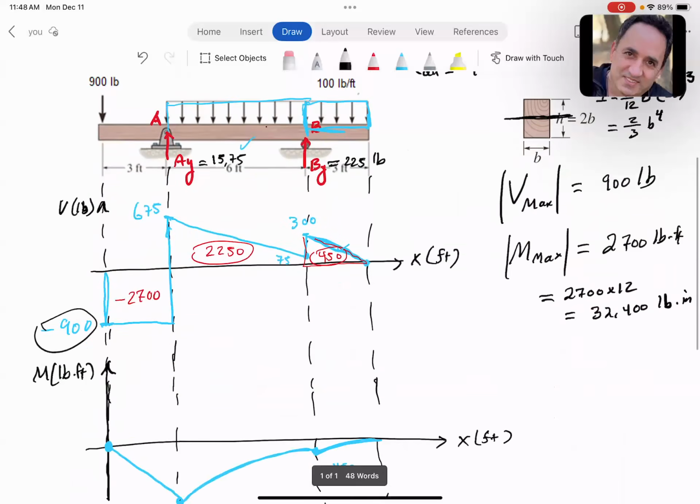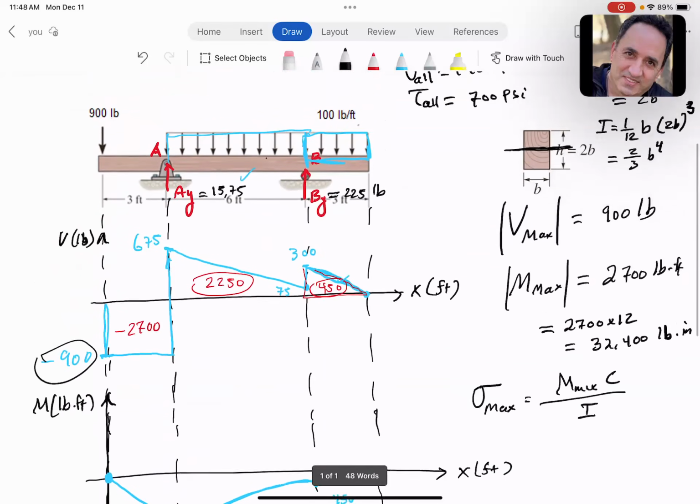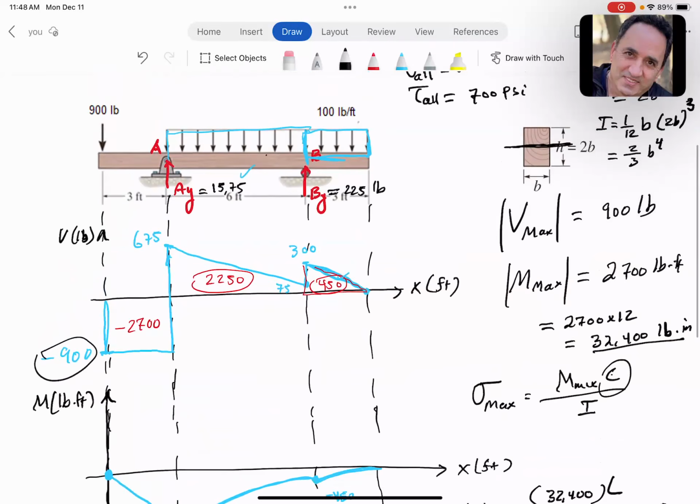Let's come down. So first, I'm going to work on the sigma. Sigma max is MC over I, the flexure formula, right? Maximum stress. So what is the maximum stress for us? It's 1,400 psi. So let's go ahead and plug in. Maximum moment. Remember, units were important, 32,400 pound inch. C, remember, guys, is half of the depth. So C actually becomes half of 2B.